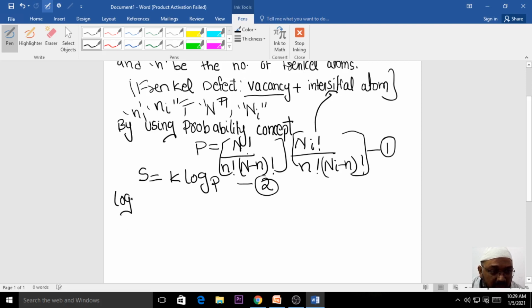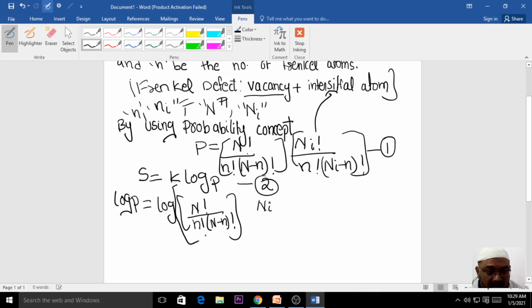When you take log P, separately you can take the log of N!, first as it is, N! into (N − n)! right? Then open this big bracket into N_i! by n! into (N_i − n)!. Now this is closed and a big bracket is there.